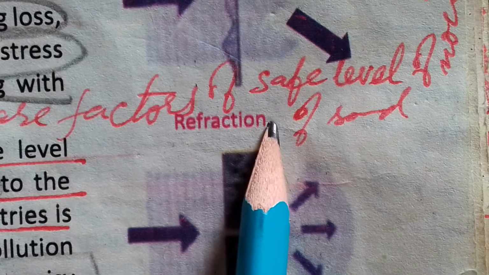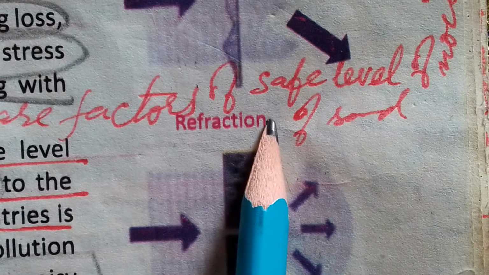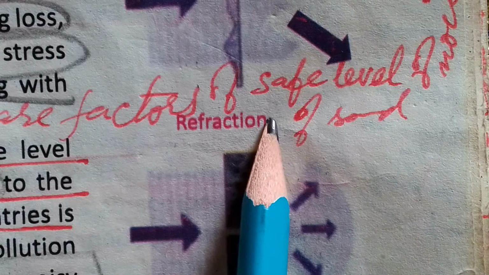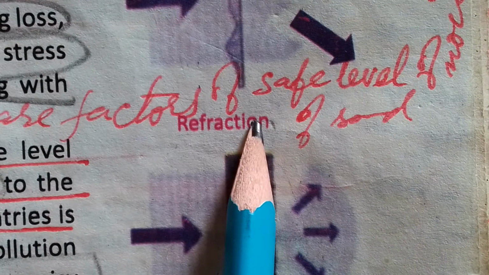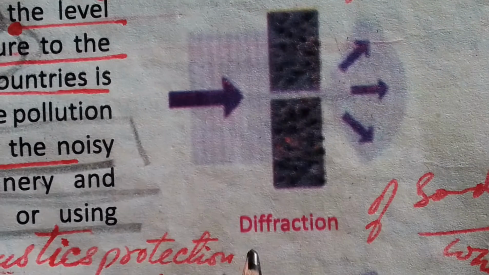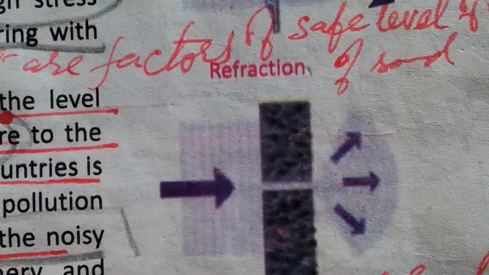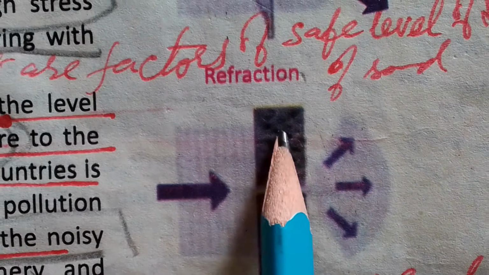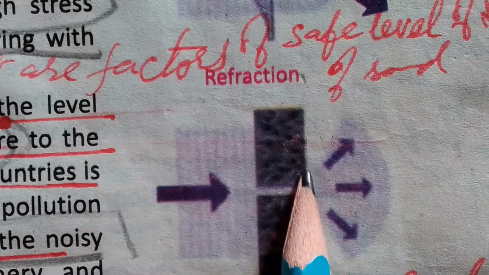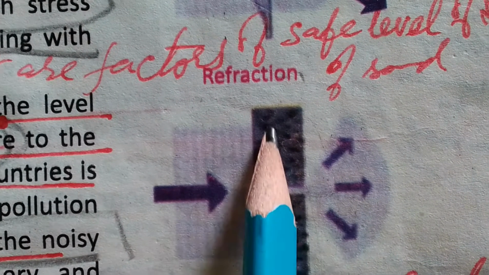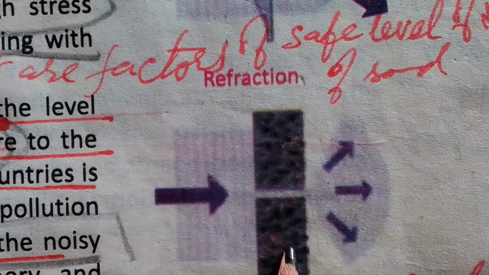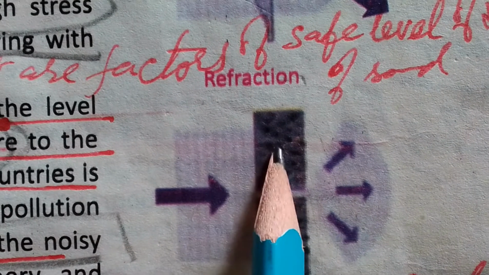Okay, so this was the second definition of refraction. Now we will come towards diffraction. What is diffraction? In this case, we have a barrier, a hurdle, an obstacle.